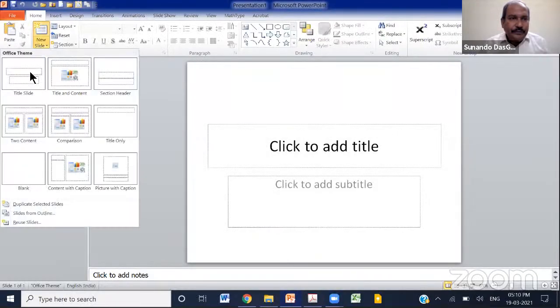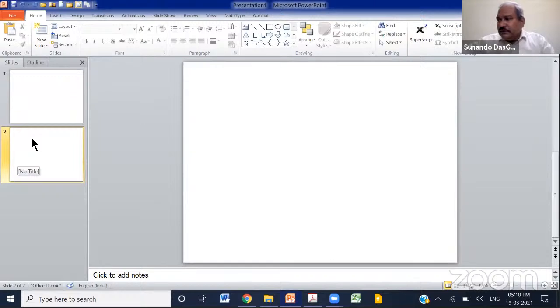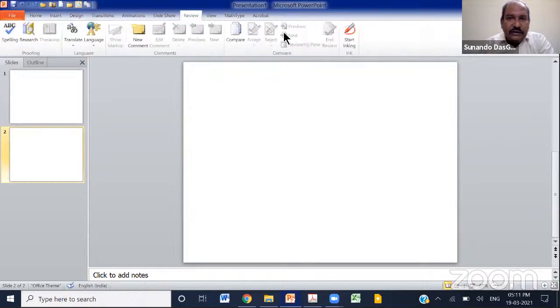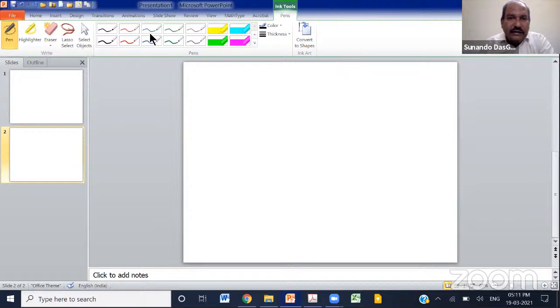I'll stop the share and I'll share the entire screen. So let's say we have a situation in which I have a flow between two parallel plates, developing flow between two parallel plates. Let's see how it would look.